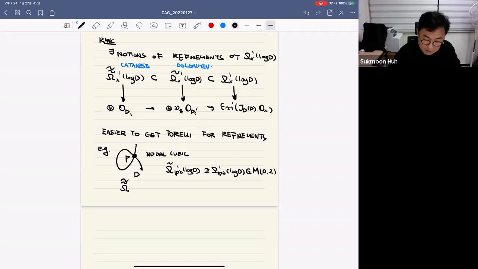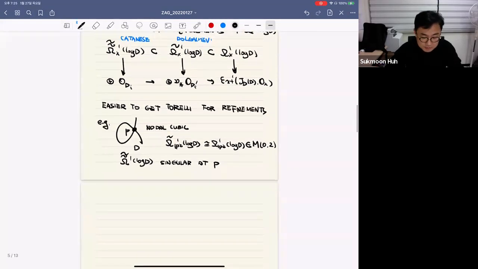It is singular at the singular point. So you have an idea that we get more information about the divisor from Catanese's logarithmic sheaf. So we can expect to have positive answers to the Torelli questions.